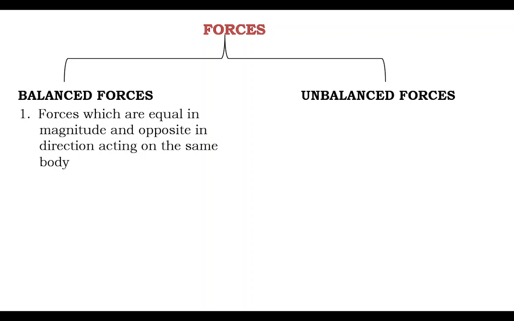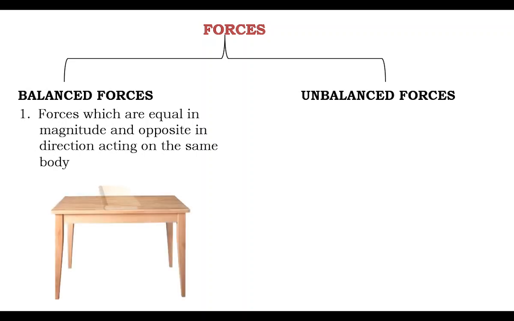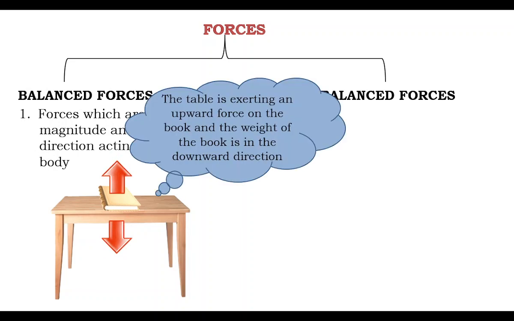Then the forces are said to be balanced. See, the book is lying on the table. We know that the book is applying a force on the table, and in return the table will also apply a force. Both are equal in magnitude but opposite in direction, that's why they are balanced. और जो बुक है वो टेबल पे ही रहेगी, right?